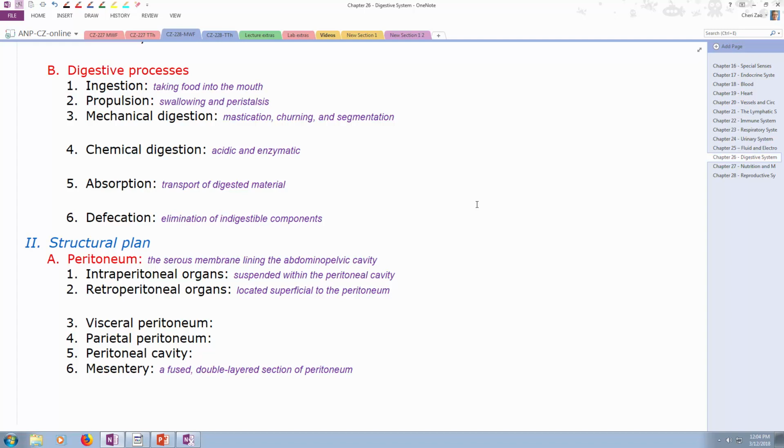I want to ask you a question about ingestion, taking food into the mouth. What structures are actually involved in that process? In other words, if you didn't have them, would you be able to do it?